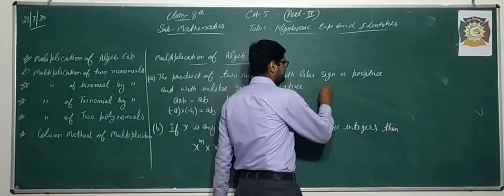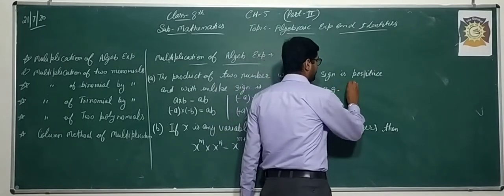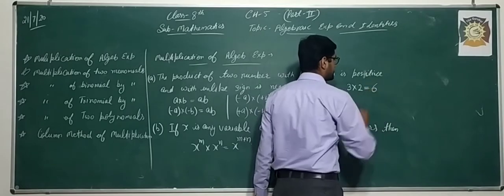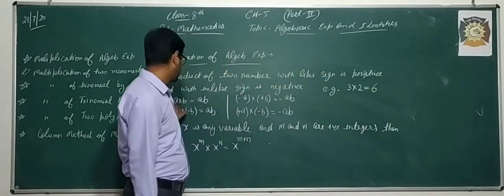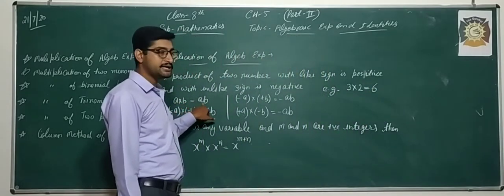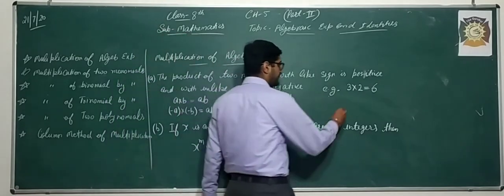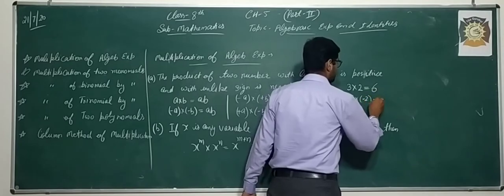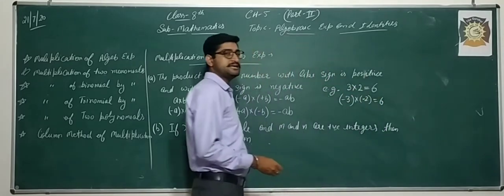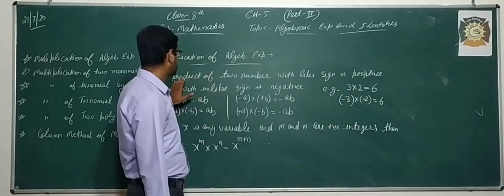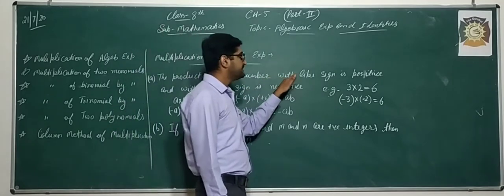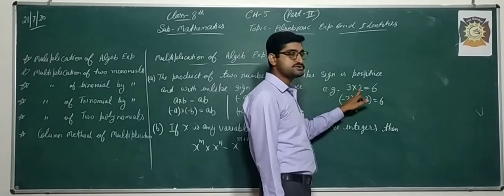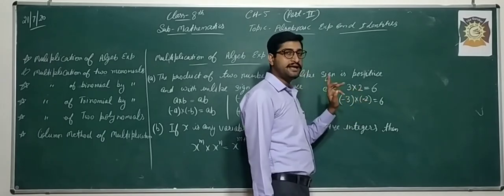For example, suppose we multiply 3 into 2, then the answer will be 6. It's according to this one, when A and B both are positive. Second, if we multiply minus 3 with minus 2, then again the answer is 6. As it's written here, the product of two numbers with like sign. Like sign means either both are positive or both are negative.